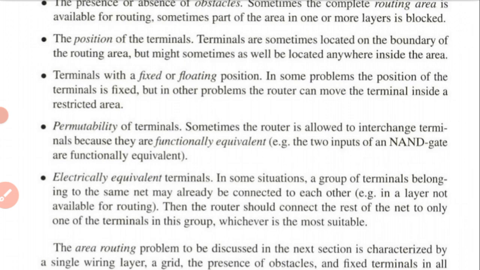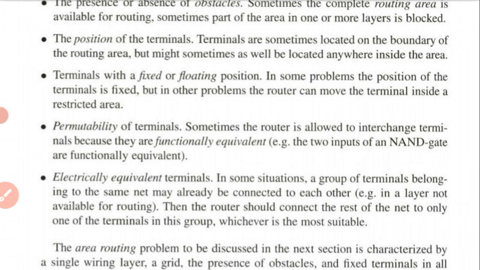Sometimes the router is allowed to interchange terminals because they are functionally equal. The example given is that two inputs of a NAND gate are functionally equal. The router can interchange terminals which have the same functionality. That is the permutability of the terminals.